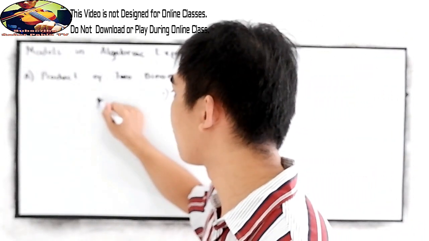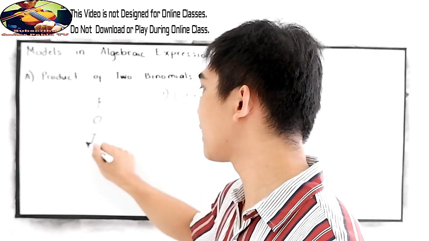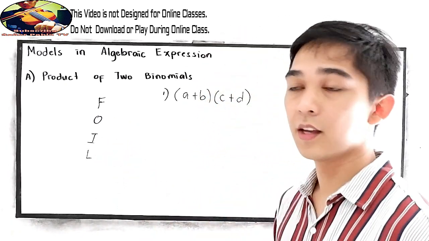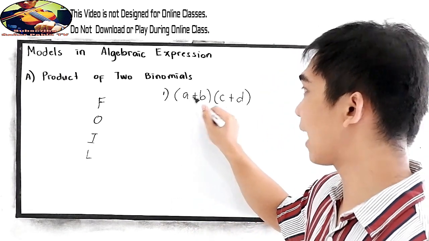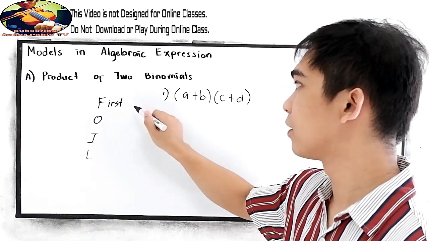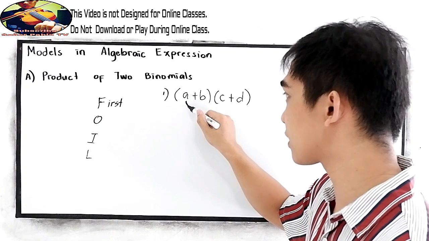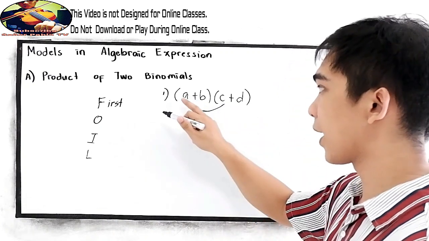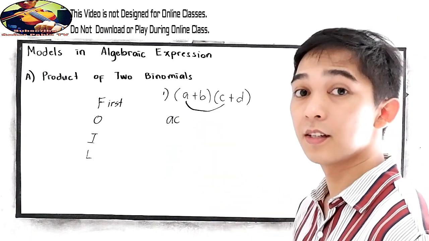So, we have F, O, I, L. To multiply that, the first term times the first term. So we're going to multiply the first two terms. So A times C, that is AC.